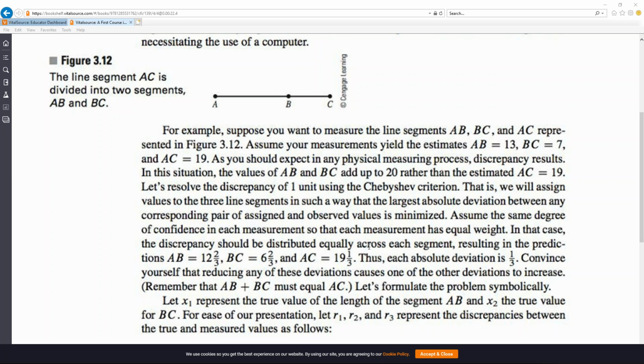And then what we want to do is resolve the discrepancy of one unit using something called the Chebyshev criteria. That is, we will assign values to the three line segments in such a way that the largest absolute deviation between any corresponding pair of the assigned and observed value is minimized.